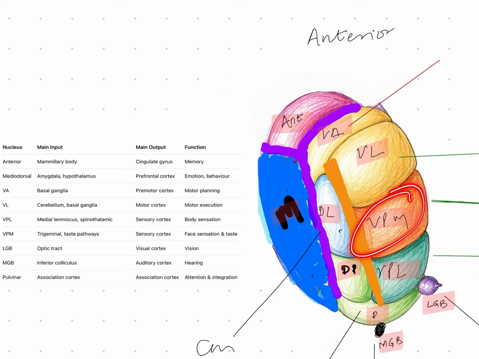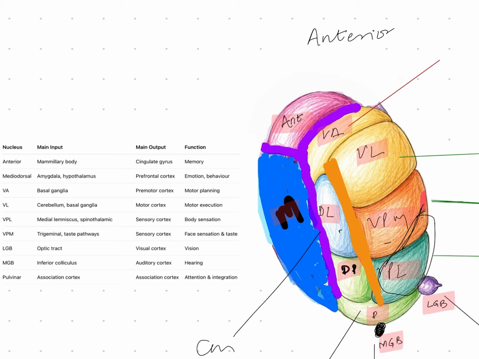Actually, these should be arranged like this, with this one medial, and this one lateral. The structure should be like this. So these take sensation from the whole body. If I divide the sensation from the body, one I will say is above the neck and one below the neck.